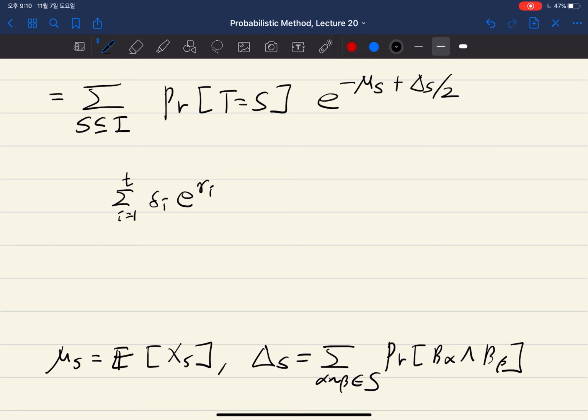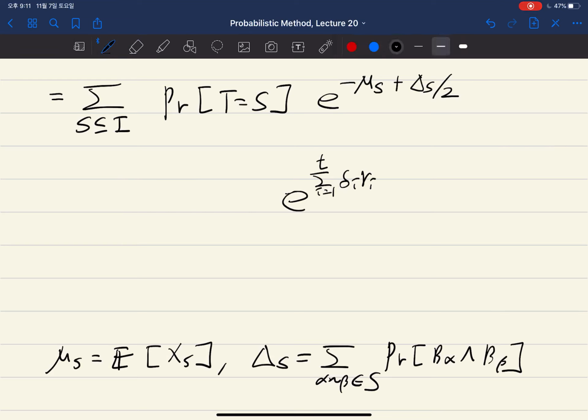But what we know is that the exponential function is convex. So if you take these two and take the weighted average, it's always above the graph. That means by the convexity, because this sums up to 1, this is at most e to the weighted average.